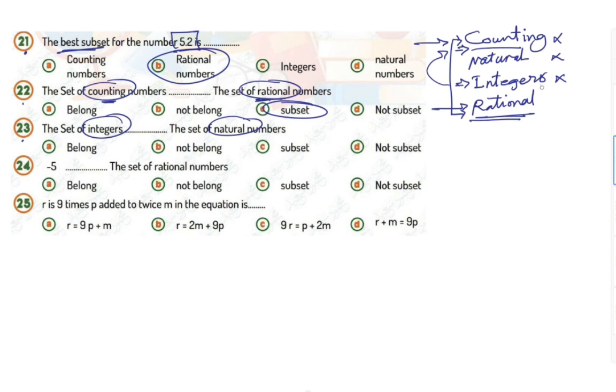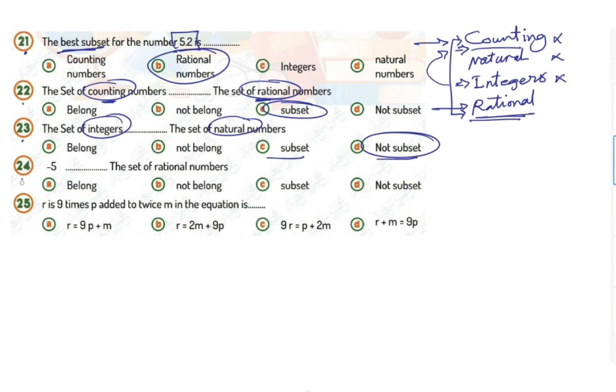Is the greatest group part of the smallest one? Of course no. So for two groups, I will use subset or not subset. The greatest cannot be part of the smallest. So integers is not a subset of the natural numbers.